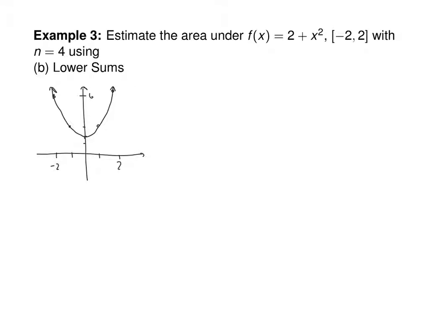So from -2 to -1, to ensure that I have an underestimate, I've got to plug in -1. From -1 to 0, I'd have to plug in 0. 0 to 1, I plug in 1. And 1 to 2, I would plug in 1.